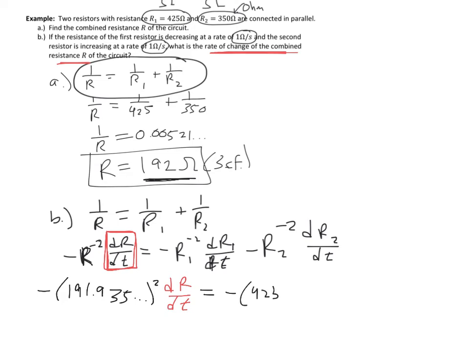So that would be 425 to the negative 2 times the rate of change of the first resistor. The first resistor is decreasing at negative 1 ohm per second. And then minus 350 to the negative 2. All these are to the negative 2 power. And the second resistor is increasing at a rate of 1, so this would be positive 1 over here.